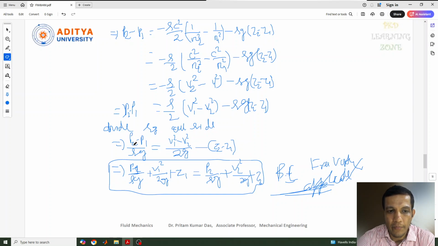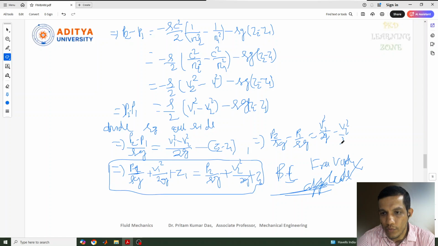You keep P2 by rho g minus P1 by rho g, and V1 square by 2g, minus V2 square by 2g, minus Z2, plus Z1.